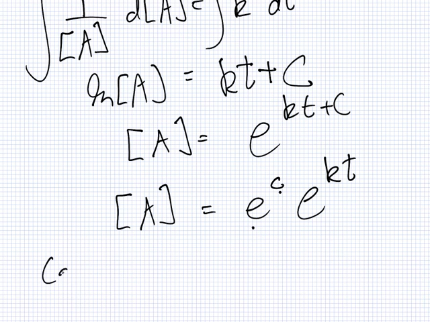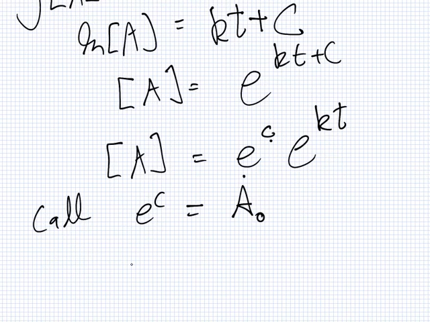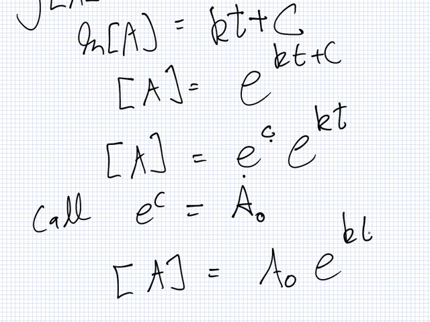So let's call e^c just some constant, A0. So now we get the concentration of A equals A0 e^kt.